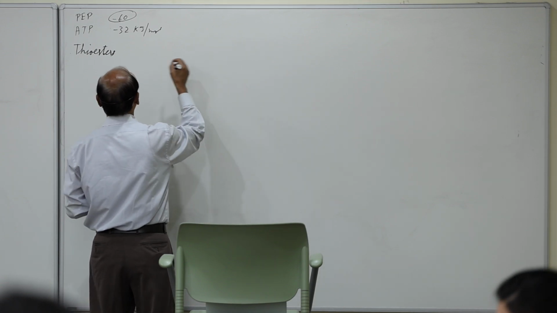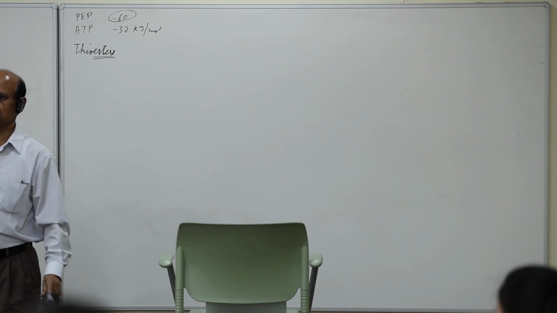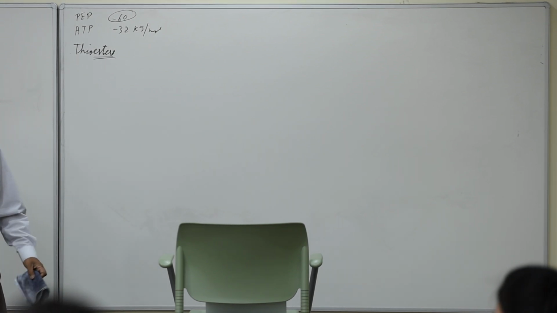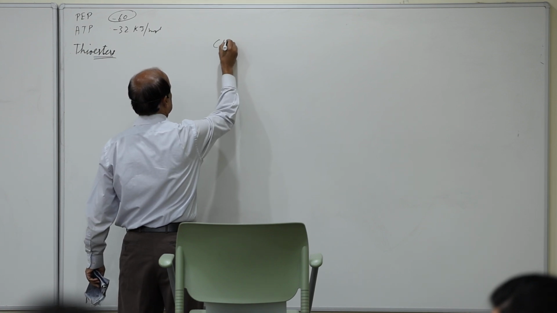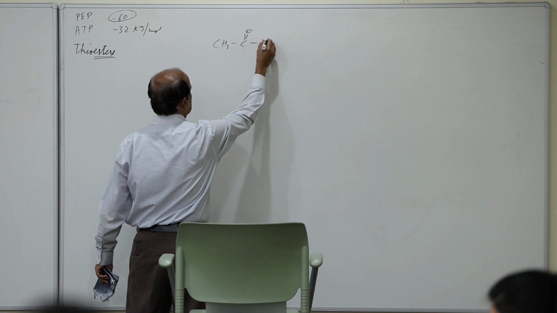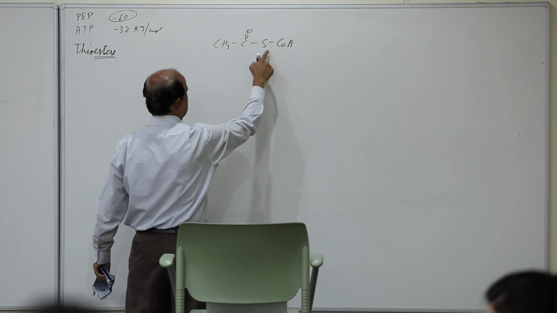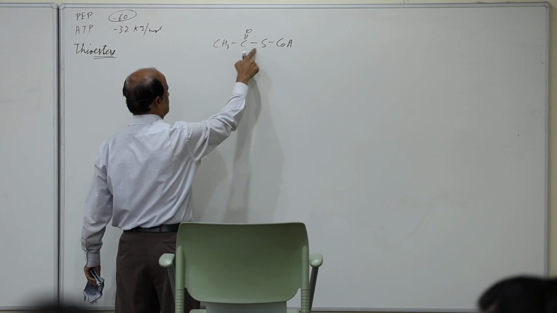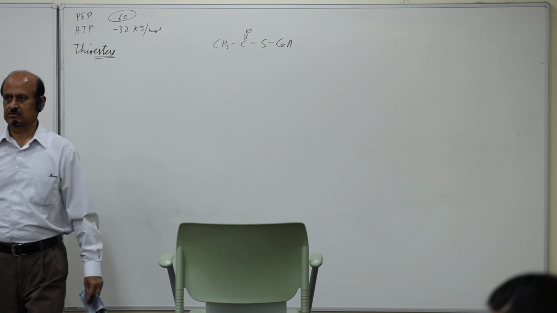And this is a thioester, so the SH group is actually not present as SH, but it is an ester linkage. So a thioester will be something like this. So coenzyme A, the SH forms an ester linkage with the acetyl group, and that makes it a thioester.